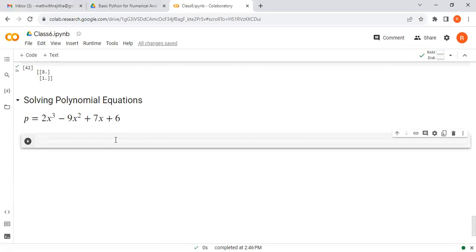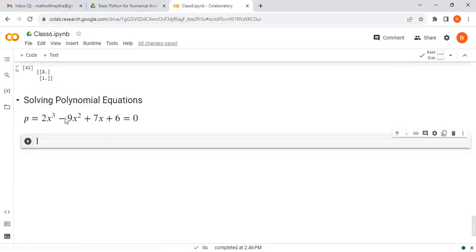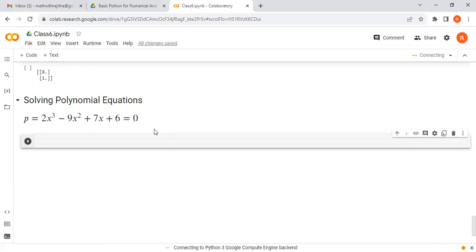Now, what is a polynomial equation? This becomes a polynomial equation when this is equal to 0. So how do we find the roots of this equation? Can you tell me?